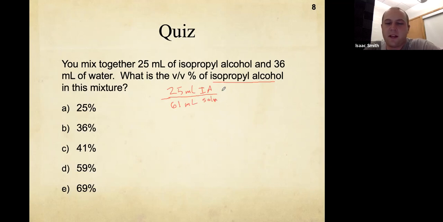Okay. So if you did this calculation, and again, the volume over volume percent, we need to have it in terms of milliliters of isopropyl alcohol divided by 100 milliliters of solution. Now there's a few ways you can do this. The way I like to do it personally is I divide these numbers.